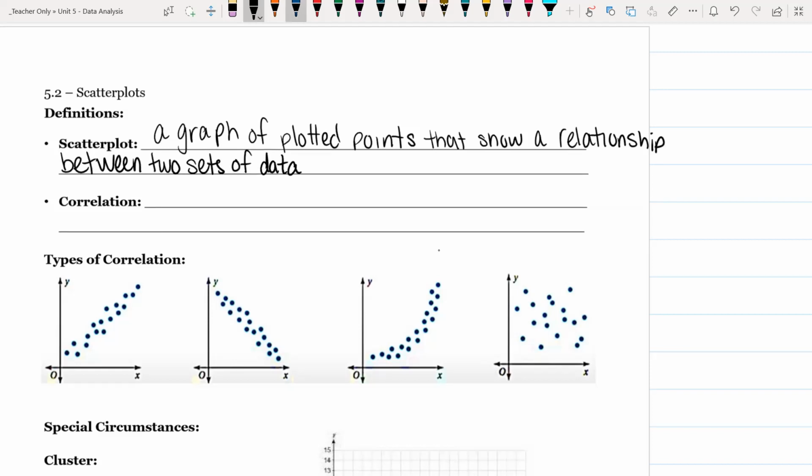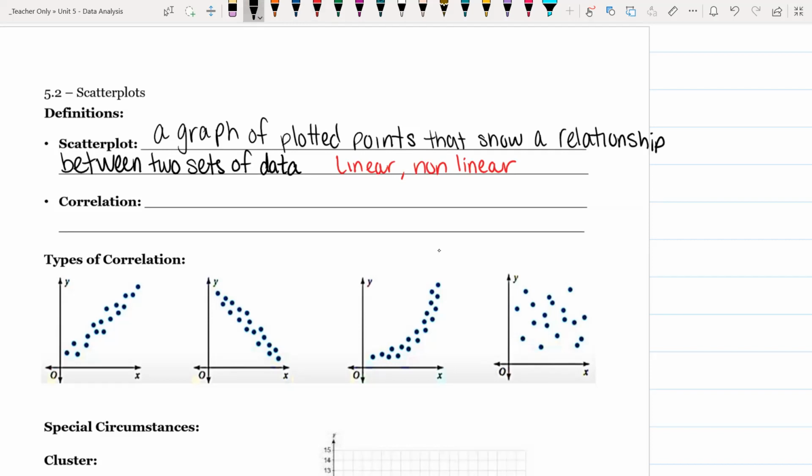And those are going to be called linear and nonlinear. And we'll get to talking about that in a second. So a scatter plot can either be linear or nonlinear. But then if it's a linear scatter plot, it then has things called a correlation.